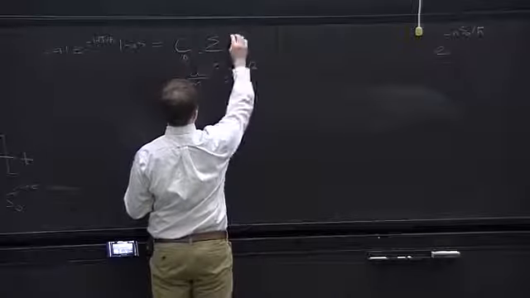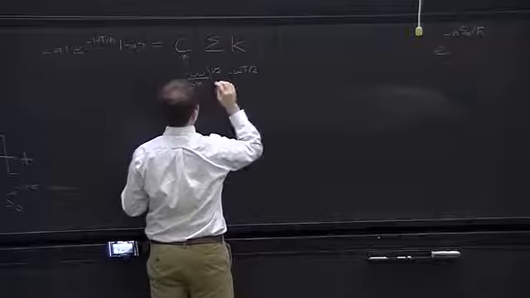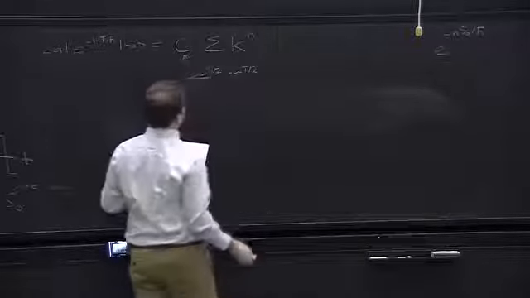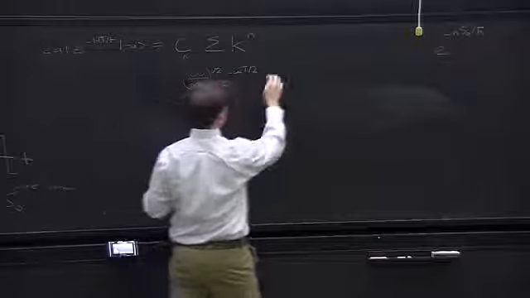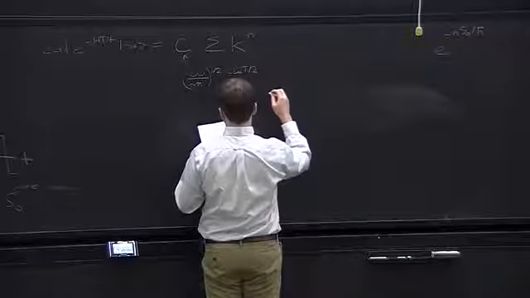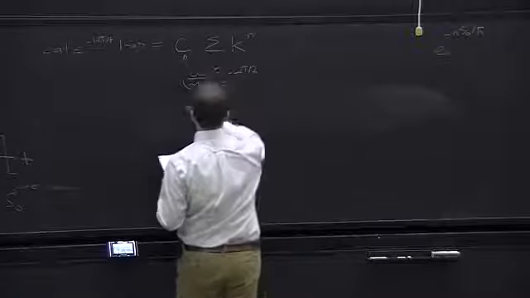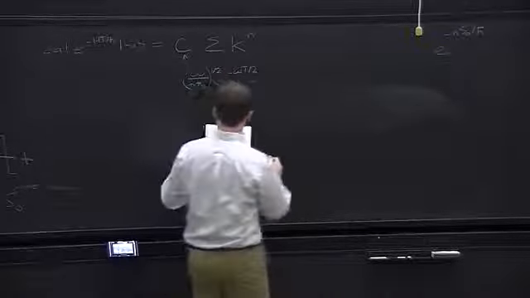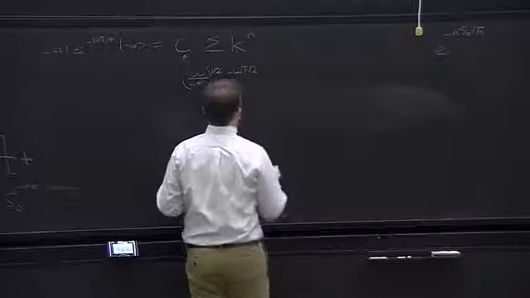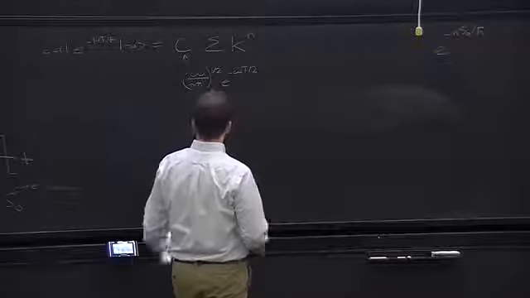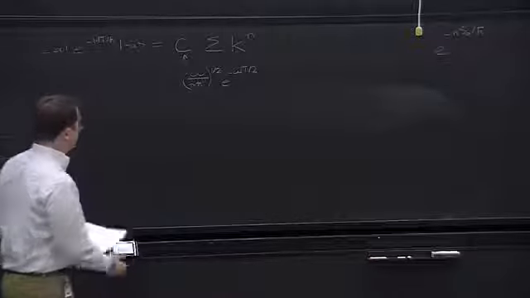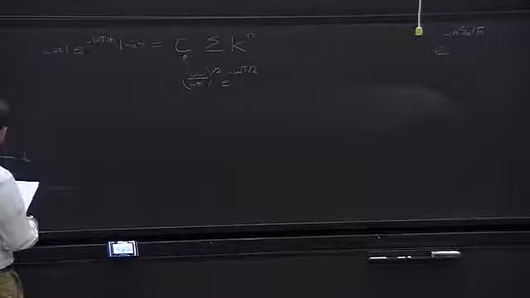So it should be the determinant times K to the n, where K is some multiplicative correction to this formula we had for the harmonic oscillator, that involves the determinant of S double prime.